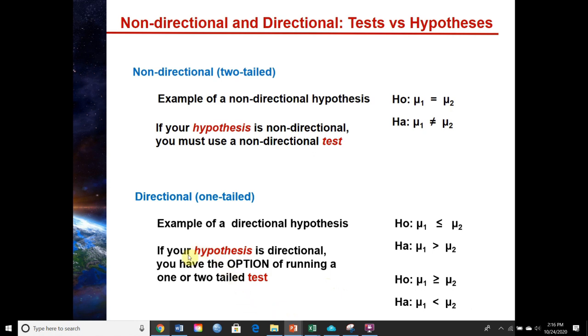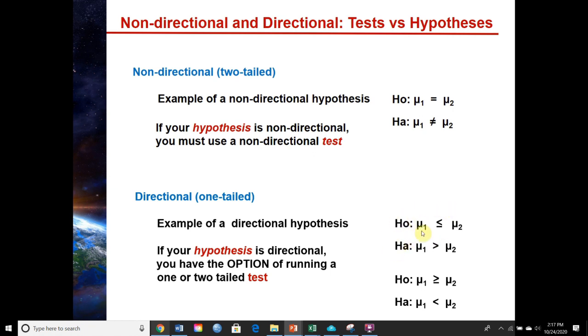Now, let's say you phrase your hypothesis in a directional way, like this, or like this. You have to also have the literature to back it up, right? But let's say that you have the literature and you phrase it this way. Does that mean you're forced into a one-tailed test? No. You don't have to do a one-tailed test.